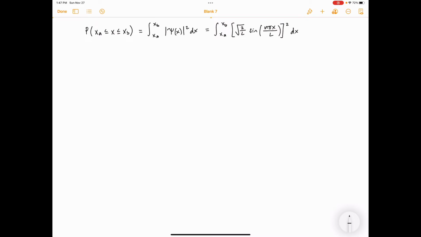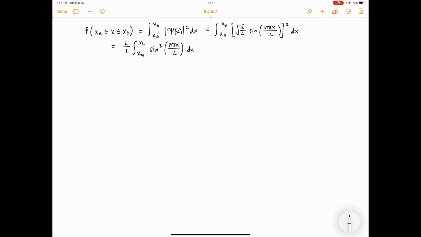And we'll pull out the constants. We have 2 over L, because we square the square root of 2 over L. That's the constant that can be pulled out to the front. And then in the integral, we have from xa to xb, sine squared n pi x over L.